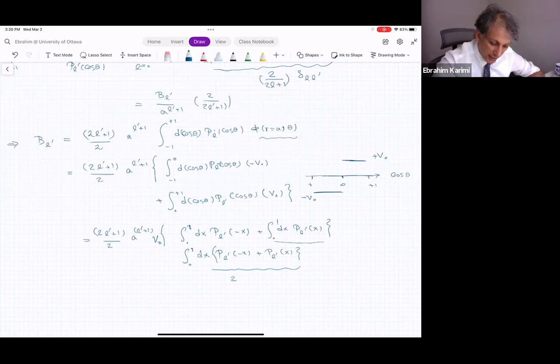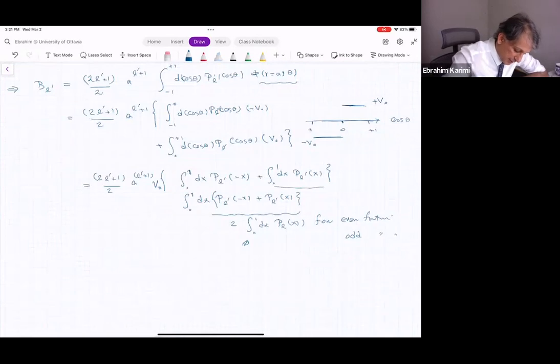If the function is odd, then that will be equal to 0. So, twice the integral from 0 to 1 of dx P_L(x) for an even function, which also means an even index, and that will be equal to 0 when it is an odd function.